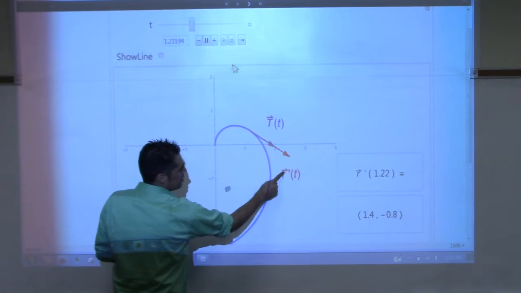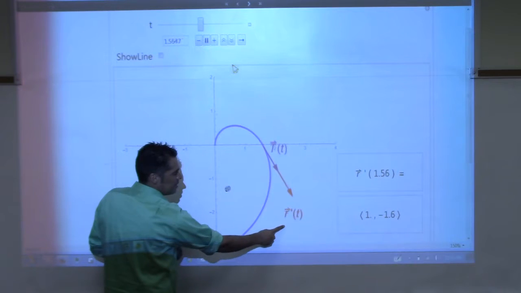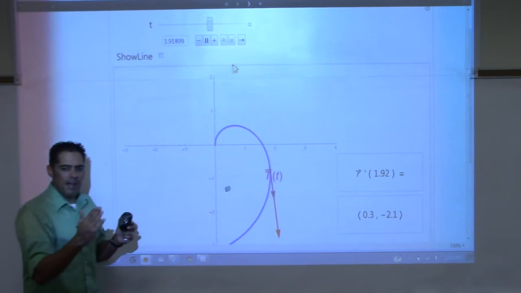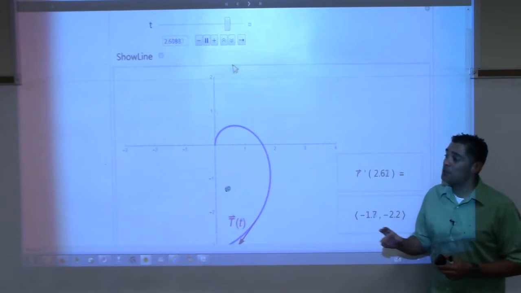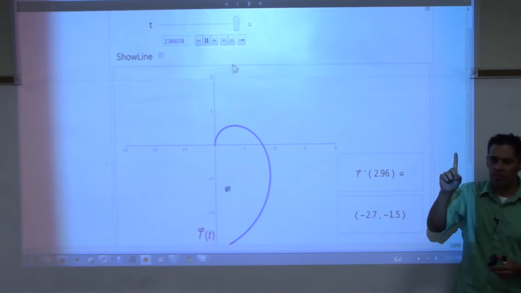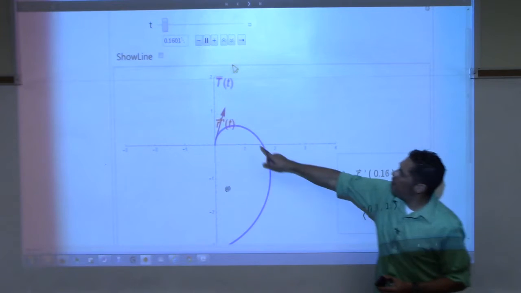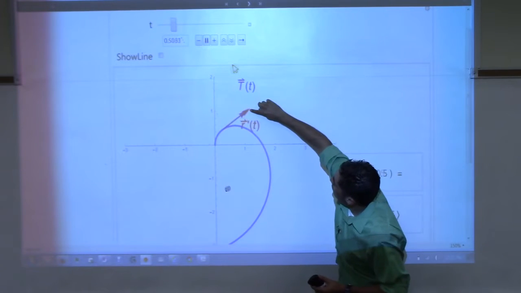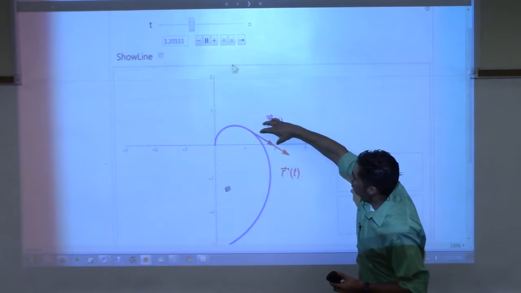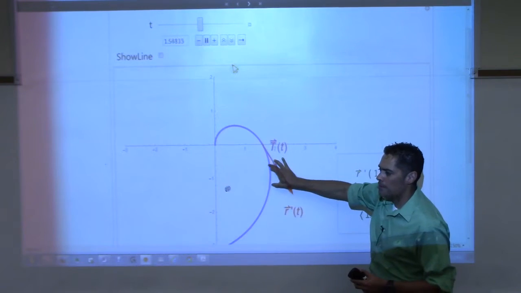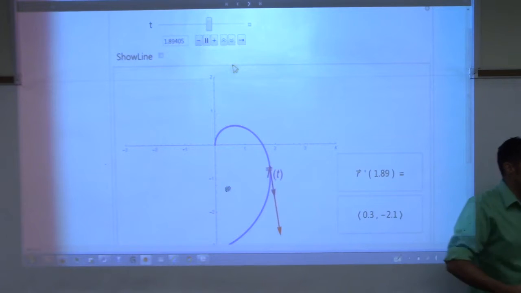I had the red vector, which is the derivative. It's a vector. But since it's a vector, I can always find a vector that's pointed in the same direction that has a unit length, a length of 1. See my red vector? This purple one's pointed in the same direction, but it's always maintaining a length of 1. That does become useful again later.